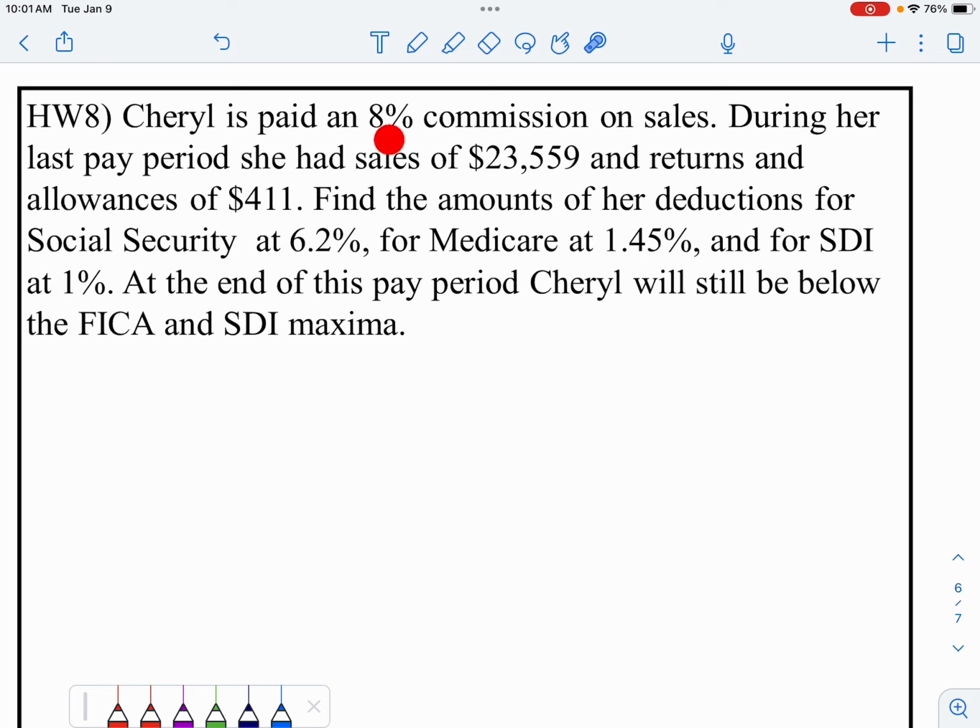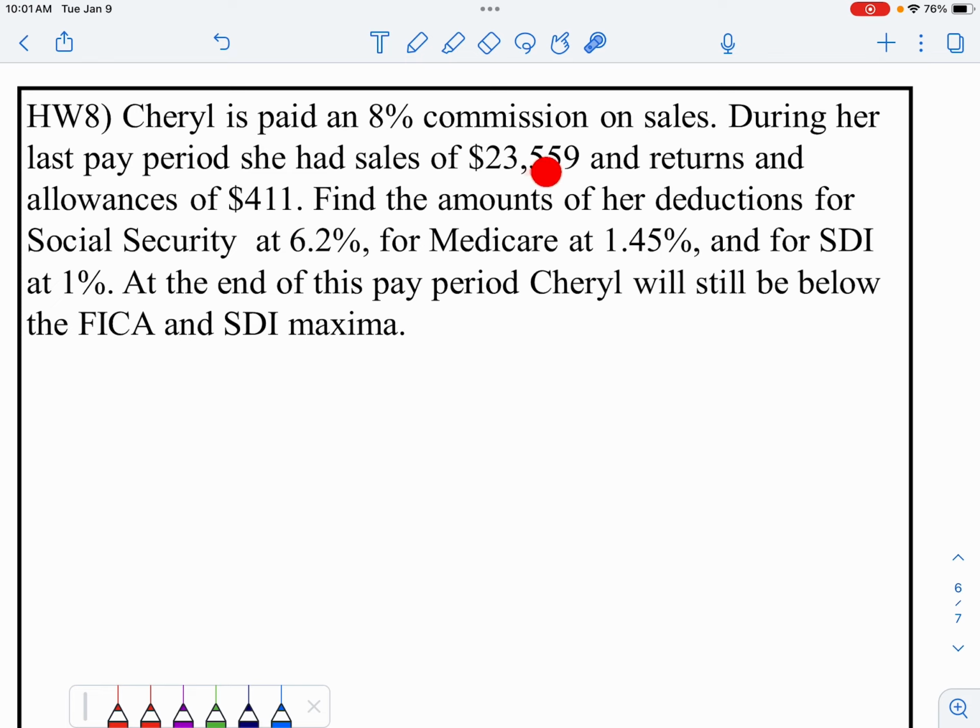Now we are going to close this section by doing the very last problem. Cheryl is paid an 8% commission on sales. During her last pay period, she had sales of $23,559 and returns and allowances of $411. So we are talking about commission here.